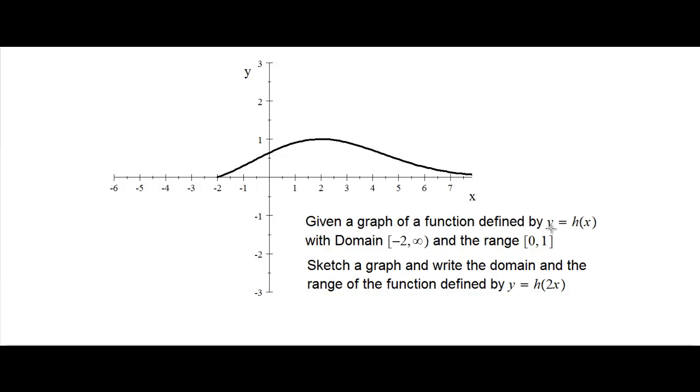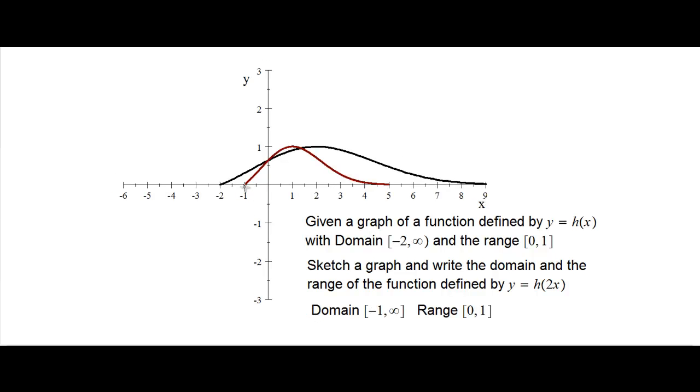Now here we are changing the equation from y equals h(x) to y equals h(2x). So we will have horizontal shrinking. Negative 2, 0 will change to negative 1, 0, and 2, 1 will correspond to 1, 1. And the new graph will look like this. The domain is all the real numbers negative 1 and larger. Oh, here there is a mistake, this looks awful.